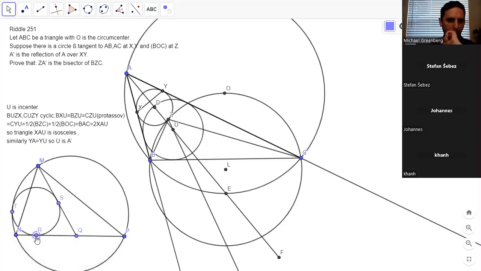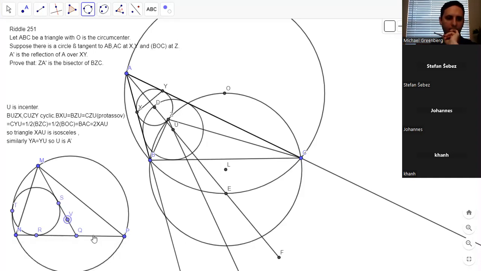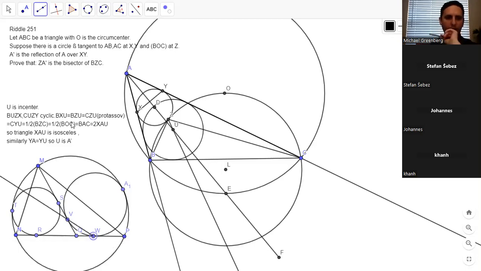So the Thibault theorem says that RS passes through the incenter of M and P. Oh yeah, that is not too hard to prove. So RS passes through the incenter, and this would also pass through the incenter, right? Yeah, I think I have the same idea of how to prove it.